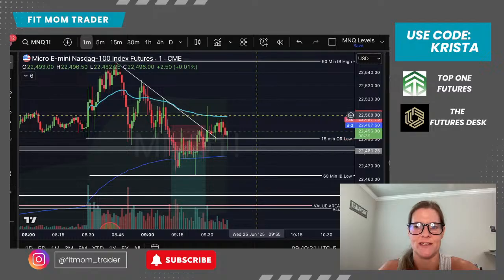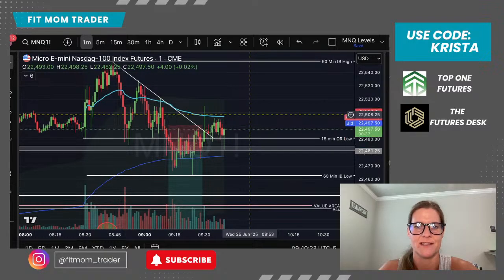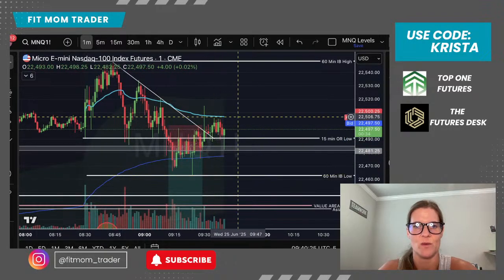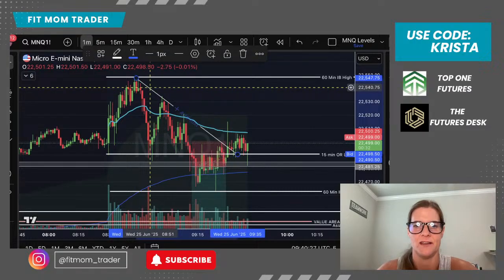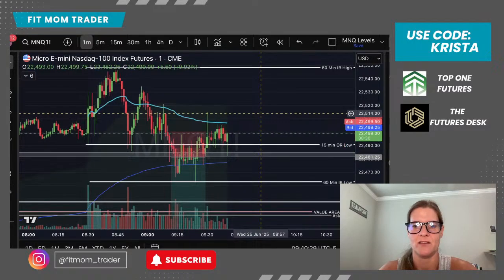Well, this is a good time to be doing a drawing. It's still just chopping here in between these VWAPs. Nothing good coming right now.